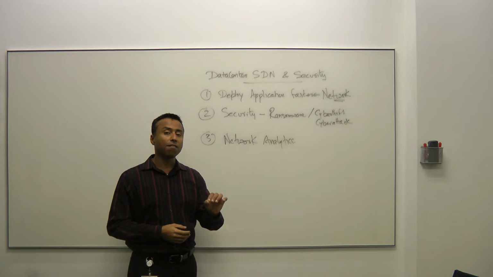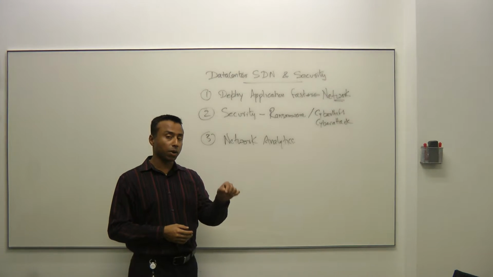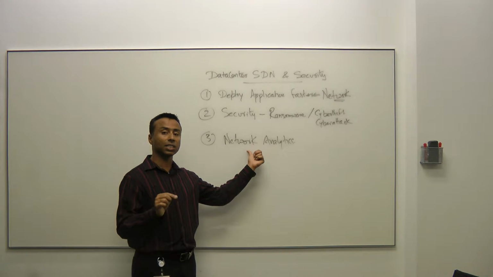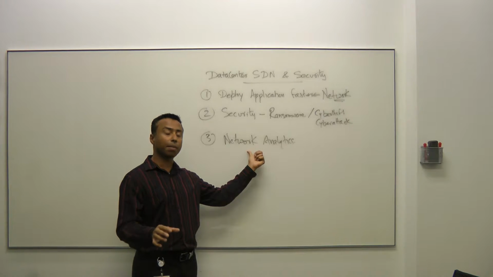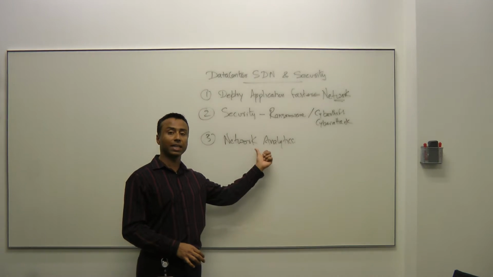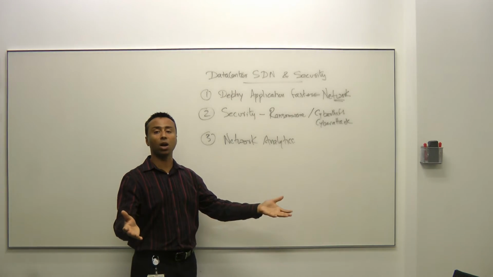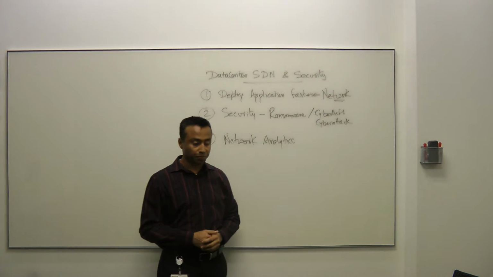How can we leverage that feature, that network sees everything, and draw business intelligence out of that information? Can I grab network statistics and network analytics out of this information that is being passed along through these network switches?